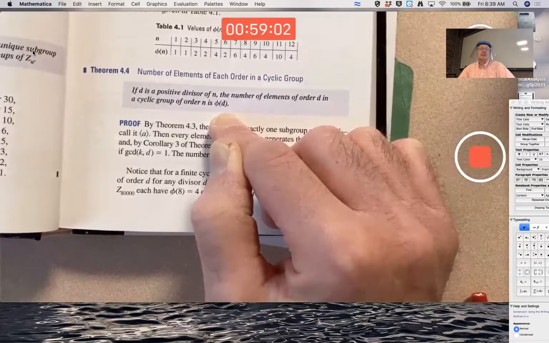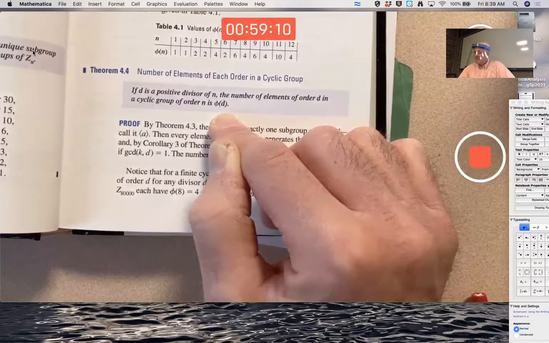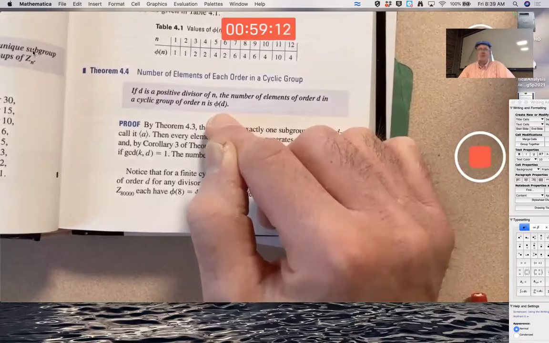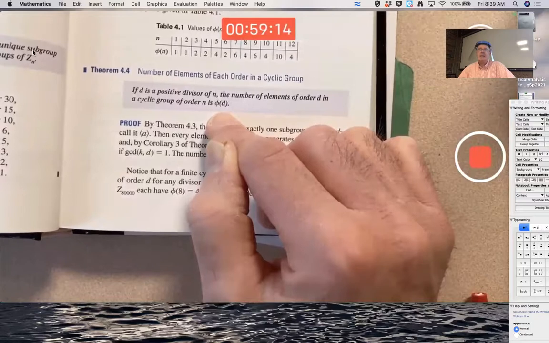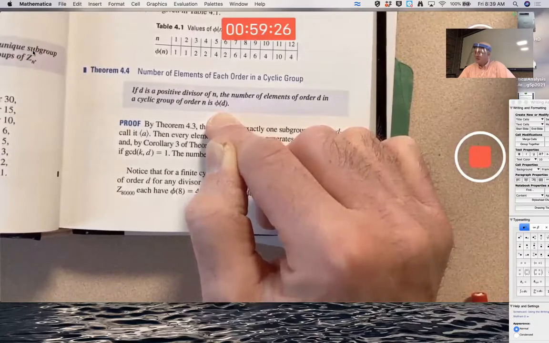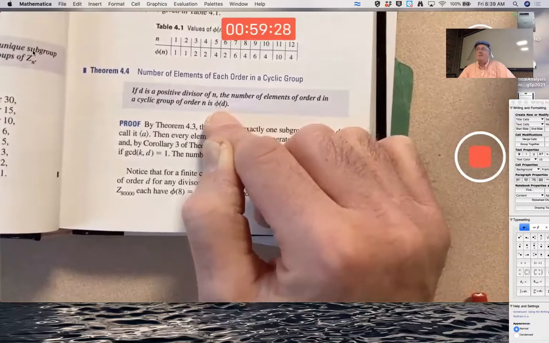There's actually nothing special about Z60. 15 also divides 150. There'd still be phi of 15, 8 elements of order 15, in Z150 under addition mod 150. The answer only depends on what D is, not what n is, as long as D divides n.